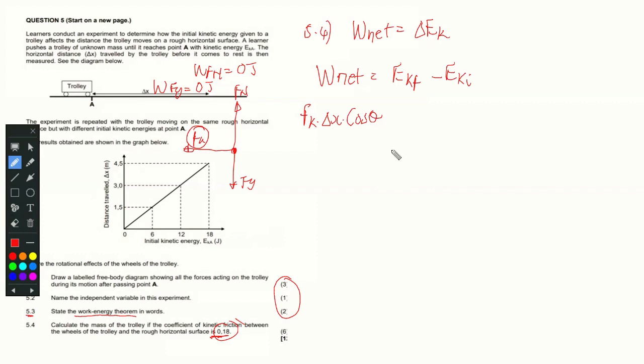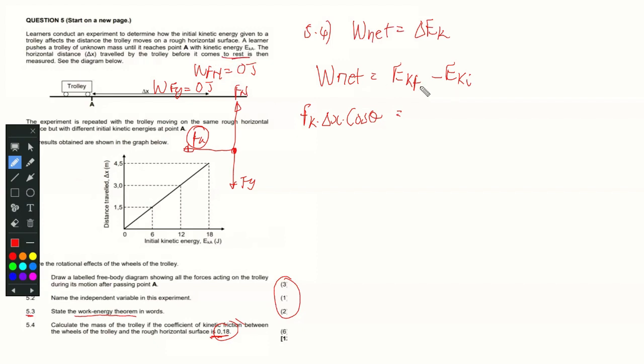So now, considering this, what will our Ek finally be? The trolley will be moving all the way up until it comes to a stop, because they said here, by the trolley before it comes to rest.